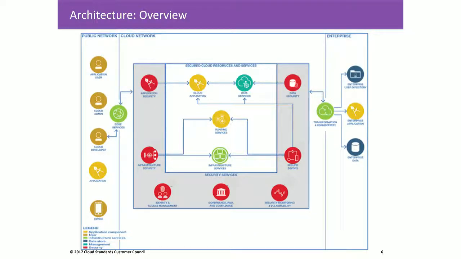Some of the items we'll talk about in the cloud provider's center section are identity and access management. So that's for your cloud admins, your application developers, your application users. You have to manage all those different roles and identities and authorize them as appropriate. Infrastructure security: network security, connectivity like VPNs, securing your compute infrastructure. We'll talk about application security to address application threats like SQL injection, security measures, vulnerabilities.